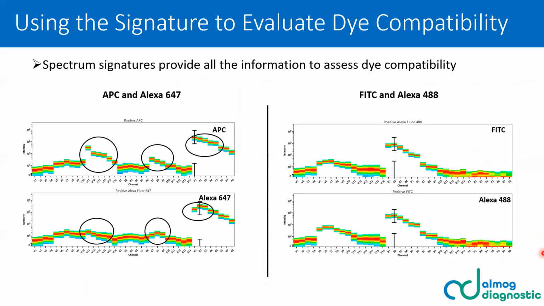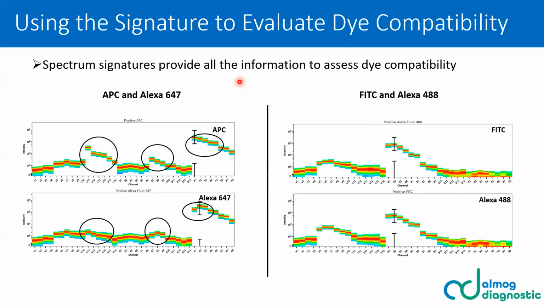So the first important use for the signatures is to evaluate dye compatibility. We have here 2 examples. If we take a look on the left, we have APC and Alexa 647. These 2 dyes are considered the same or interchangeable when using a conventional flow cytometer.